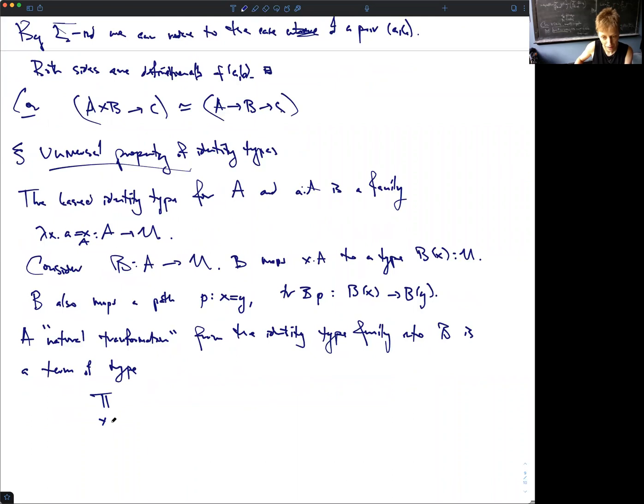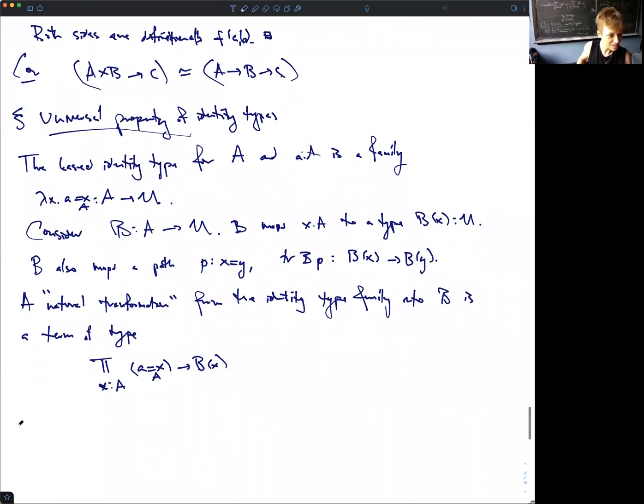It would provide the data, for each X in A, of a map from this type to this type. Now, ordinarily, one would, in addition, have to check some sort of naturality condition, but in this case it comes for free, which is something that you definitely need to use pen and paper to figure out.